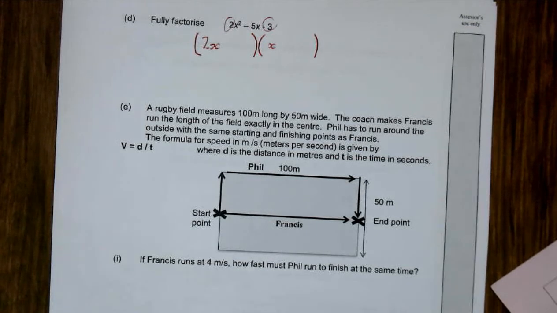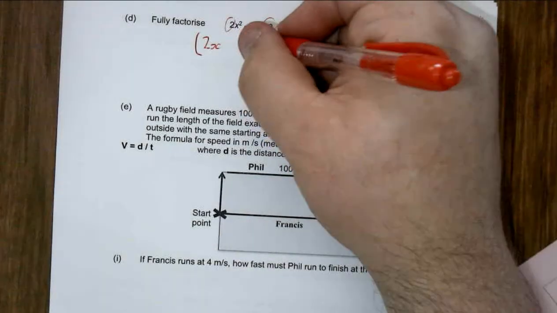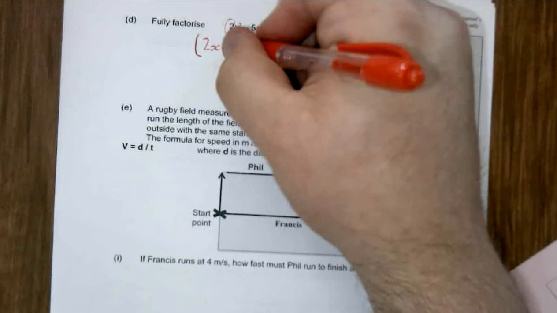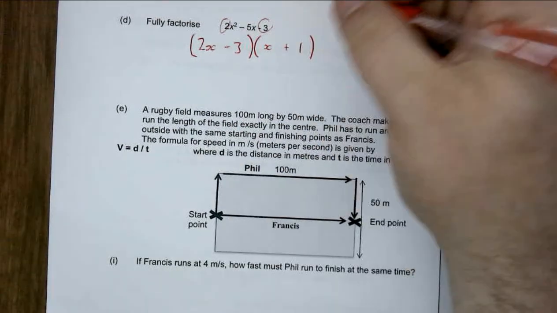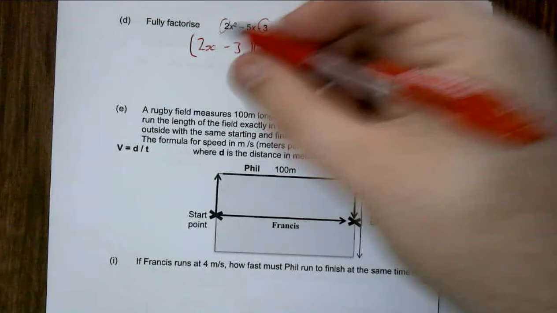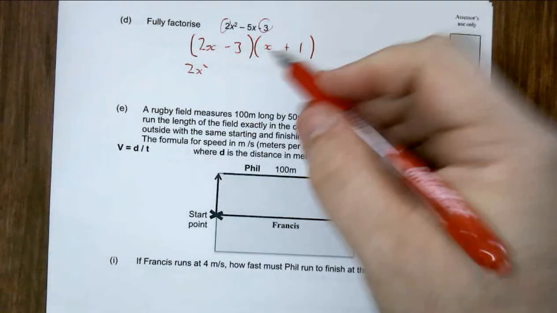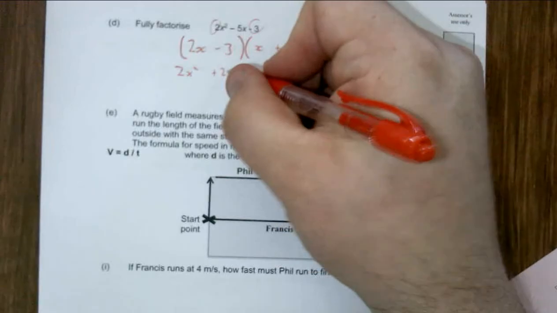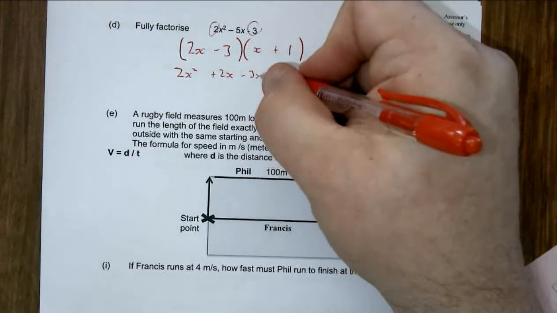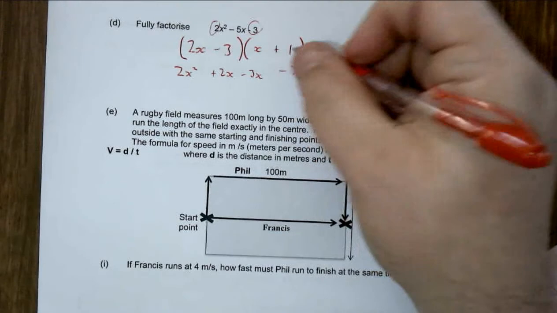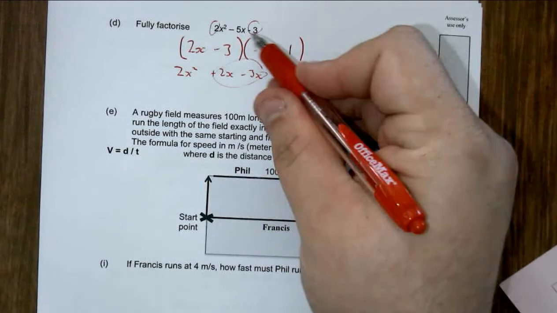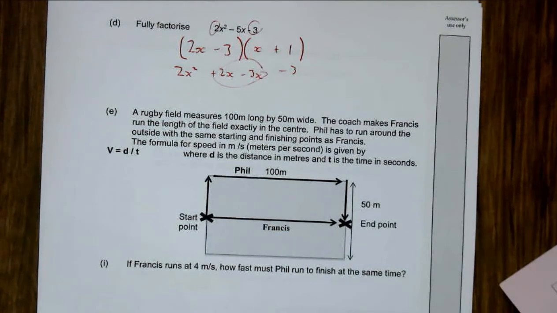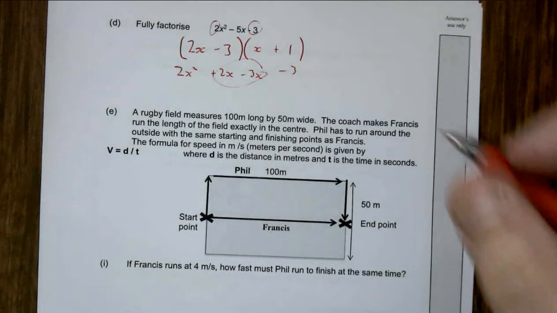So either we put the negative 3 here and the 1 there. I'll try that one. Negative 3 and positive 1. When I expand this out, I'm going to get 2x squared plus 2x minus 3x minus 3. And those two combine to give me negative x, so that doesn't work. But because it's prime numbers, I'll just switch those around.